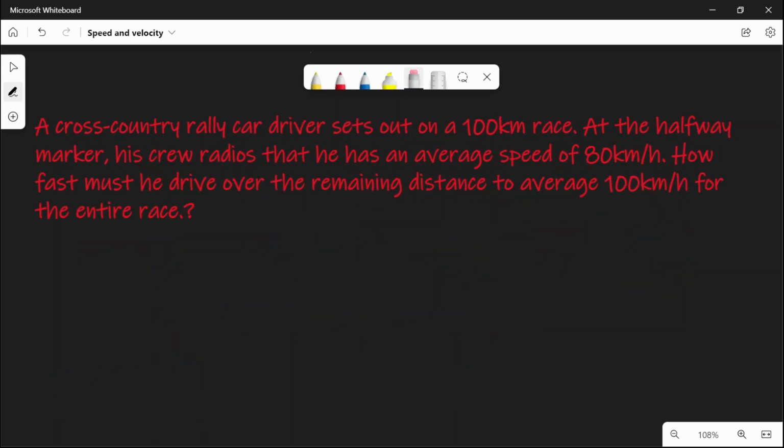A rally car driver sets out on a 100-kilometer race. At the halfway marker, his scroll reads that he has an average speed of 80 km per hour. So at a race of 100 km, at the halfway point, the average speed of the driver in the first half of the race was 80 km per hour, as given here.